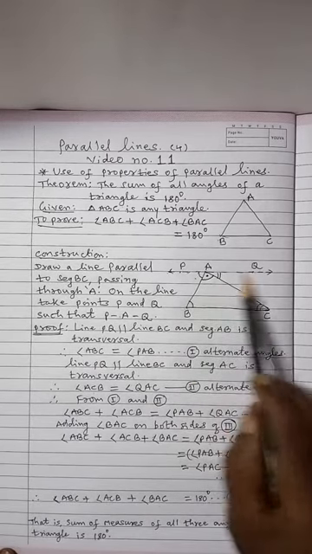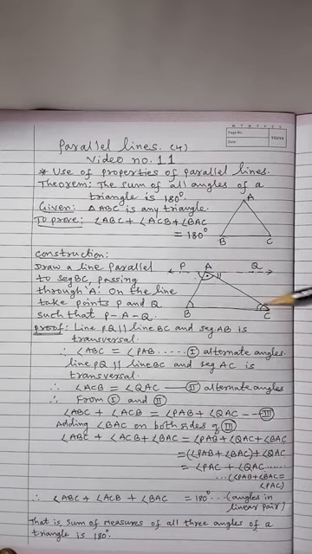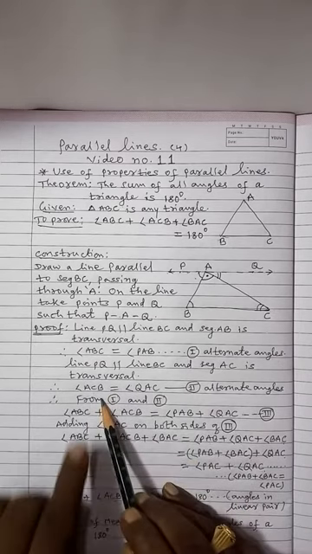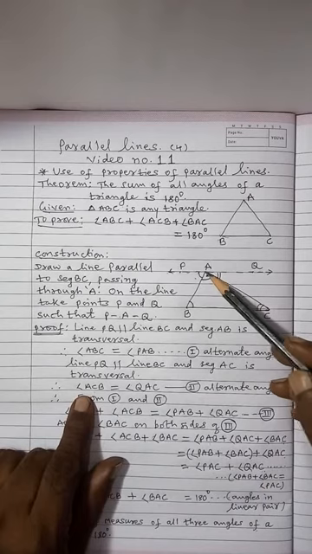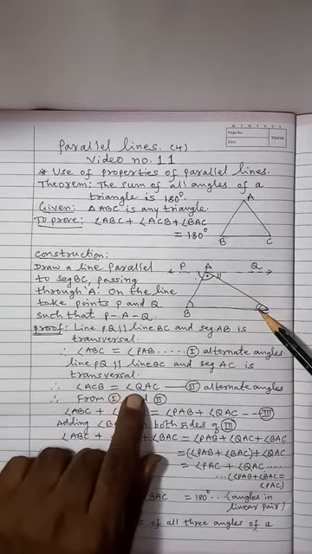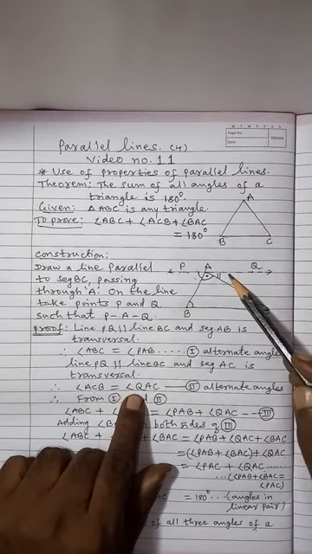Again, line PQ is parallel to line BC and segment AC is the transversal. Therefore angle ACB, this angle, is equal to angle QAC, this angle.